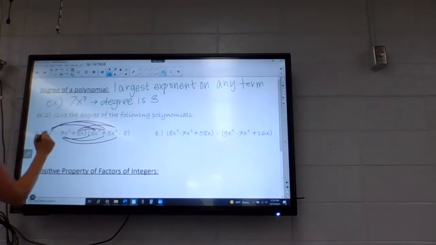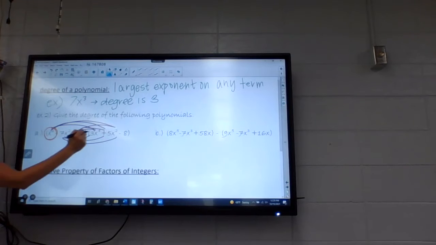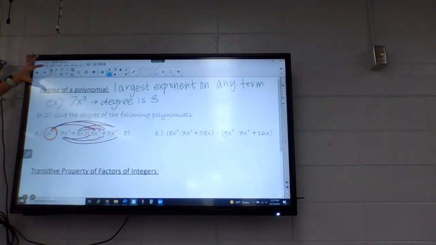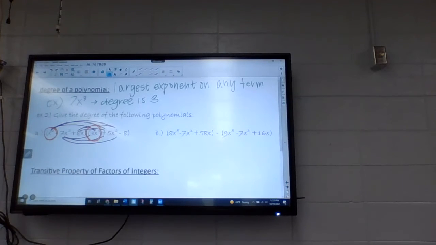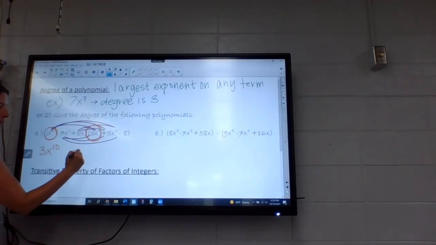So we just need to look at those 2 highest, and I'd be multiplying these together. But we have to remember our rules with multiplication. When I multiply, what do I do with the exponents? Add. So this would actually be a 3x to the 10th. The rest of it really doesn't matter at all. So this would be degree of 10.